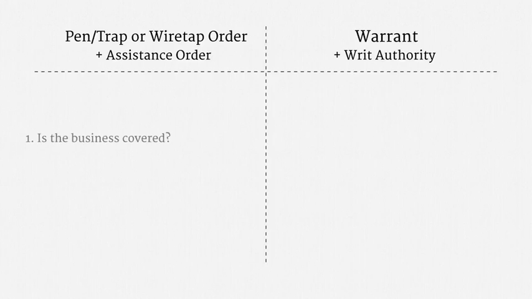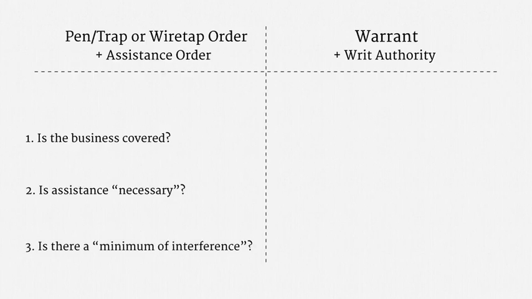The second is a warrant coupled with the All Writs Act's authority. For ECPA assistance, we saw three questions to ask. First, is the business covered? Second, is assistance necessary? And last, would assistance involve a minimum of interference with the communication system?